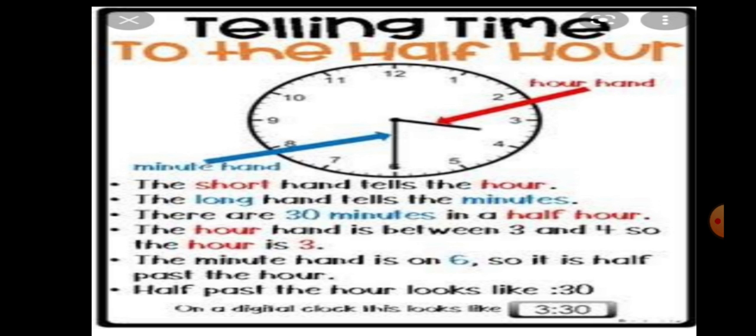The minute hand at 6 shows 30 minutes have passed, as the minute hand moves from one number to the next number in 5 minutes. So we say that the time is 3:30 or 30 minutes past 3 or half past 3.